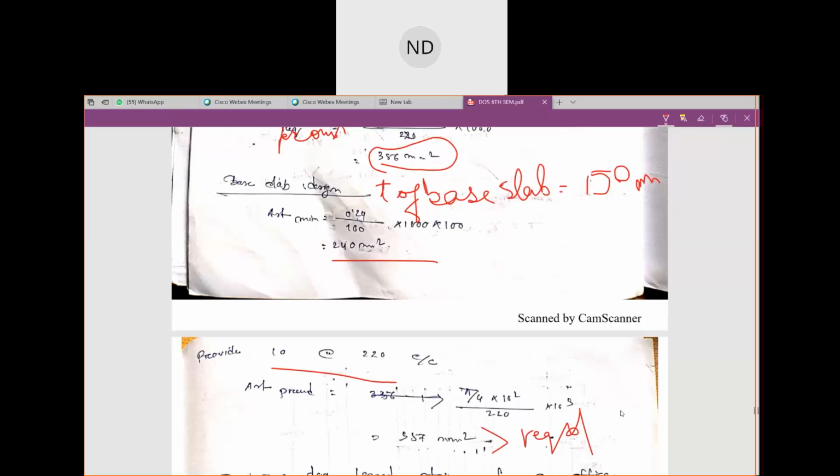Now, I'll show you the photo here. I don't have it now, but I can show you. Wait, I'll take time.